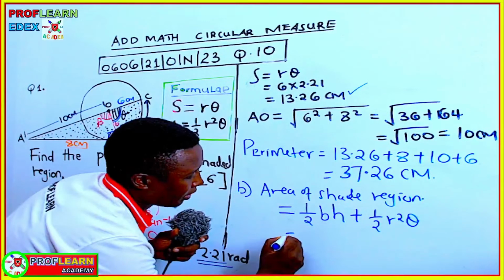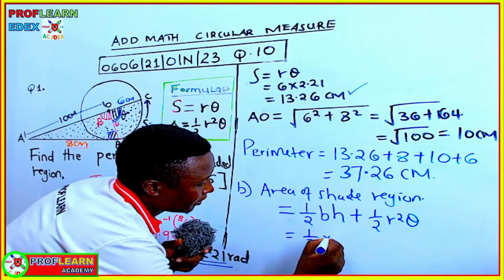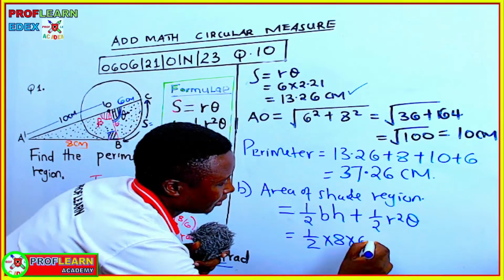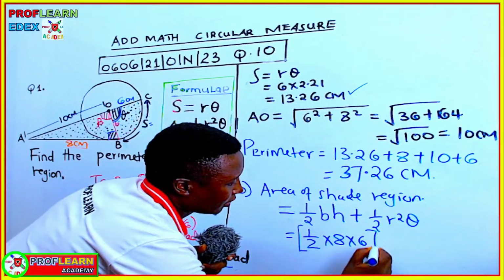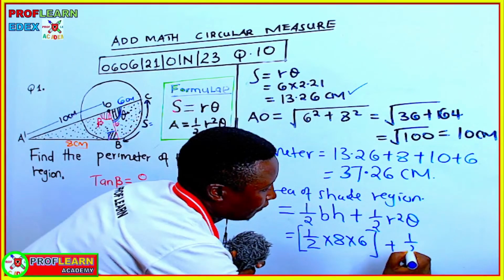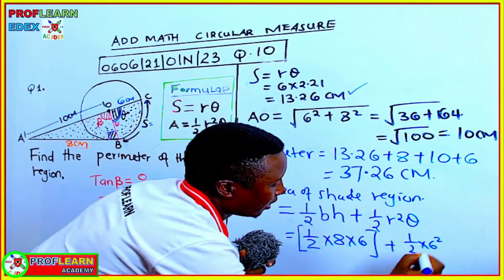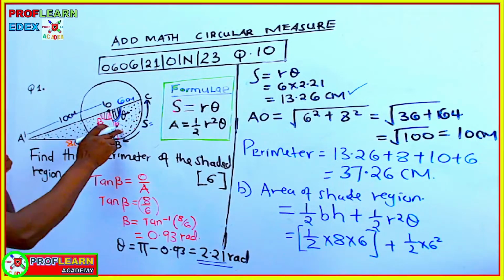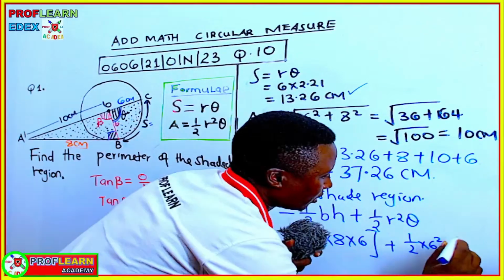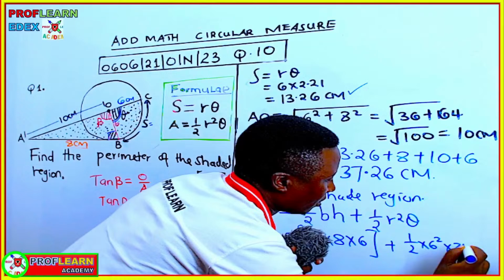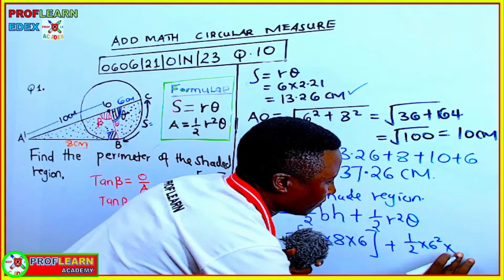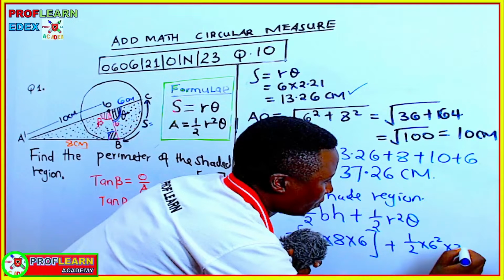So I'll say a half times 8 times 6, and then a half times 6 squared, because the radius of this sector is 6, times the angle which is 2.21.